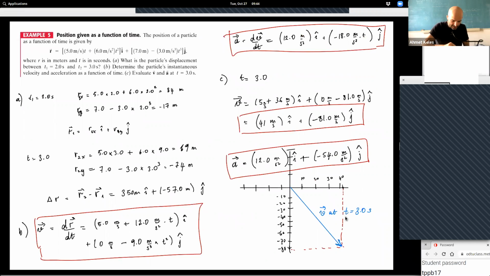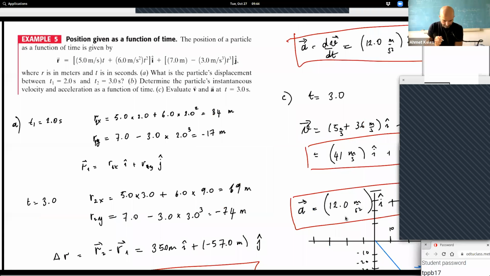We can go through this real quick. What is the particle's displacement between t equal to 2 seconds and t equal to 3 seconds? For this, I need to calculate the particle's position r1 and r2 at t equal to t1 and t equal to t2. The first one is at 2 seconds.